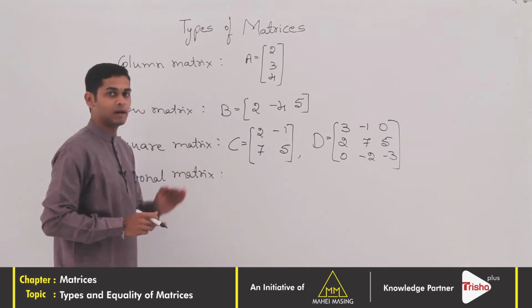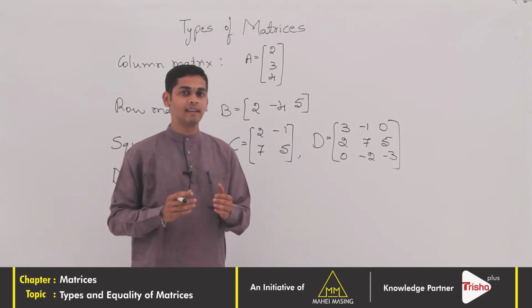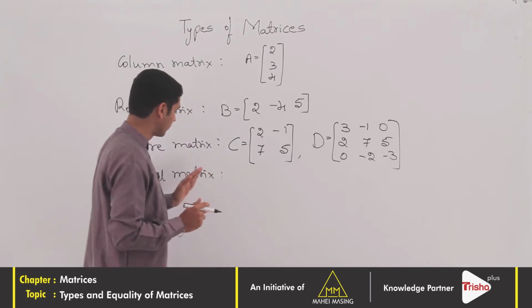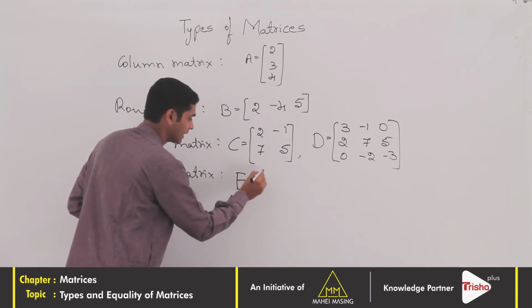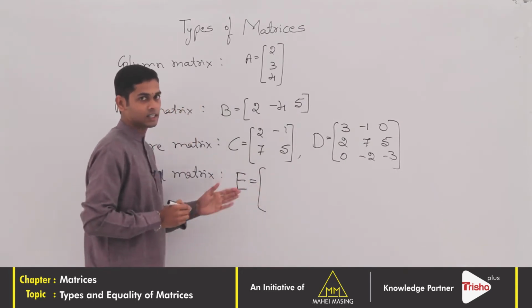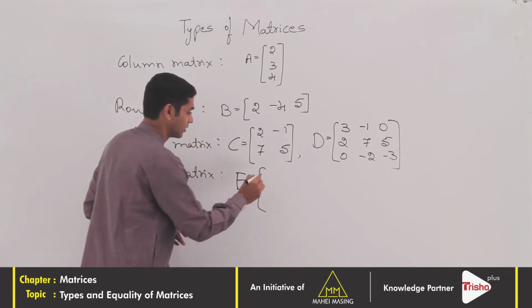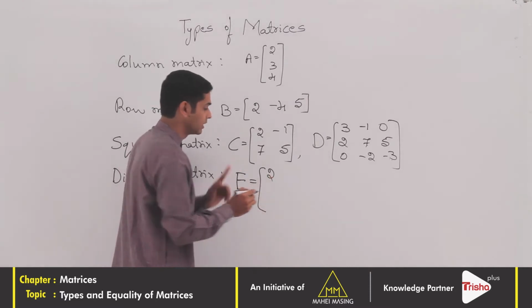So, a square matrix in which all the non-diagonal entries are 0 is called a diagonal matrix. So, 2 is a diagonal entry, therefore, this cannot be 0.